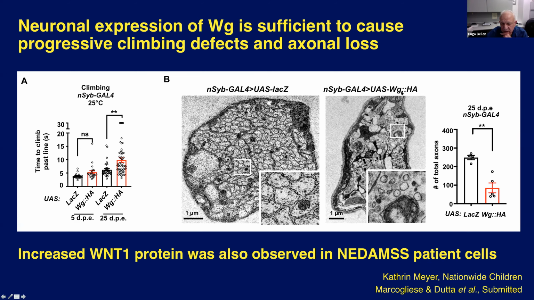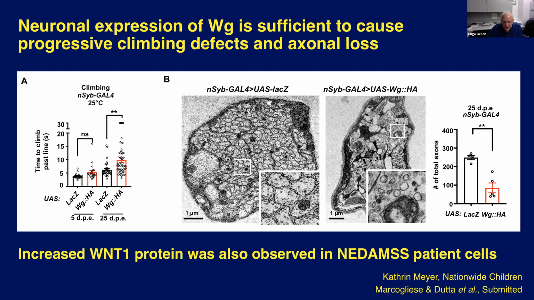But when we use wingless, and we need to do this for a protracted period of time, after 5 days there really is no phenotype, but you need to wait till day 15 to 20 before you start seeing a strong phenotype. And this is at day 25. You again see a very strong effect in this particular case.